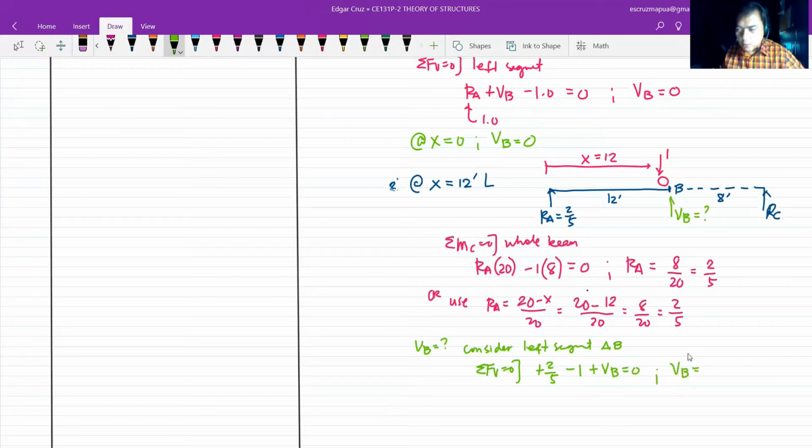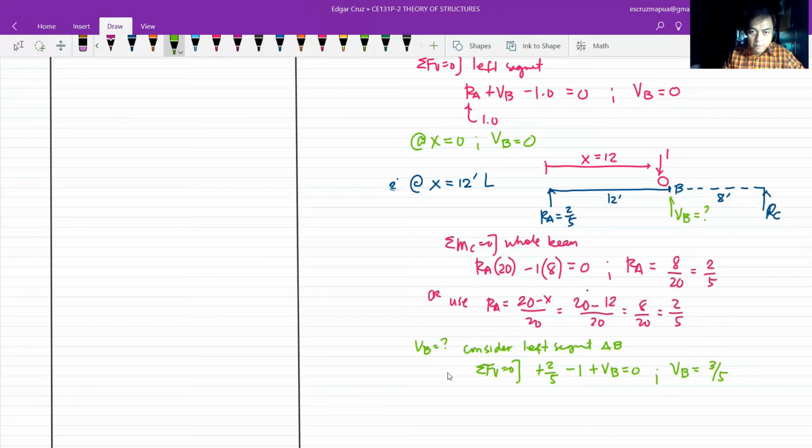And ang sagot dyan would be 3/5, no? So 2 over 5 minus 1. So that is 3/5. So positive yung lumabas na sagot ko dito na 3/5. Ibig sabihin, tama yung assumption ko noong direction ng shear pataas.